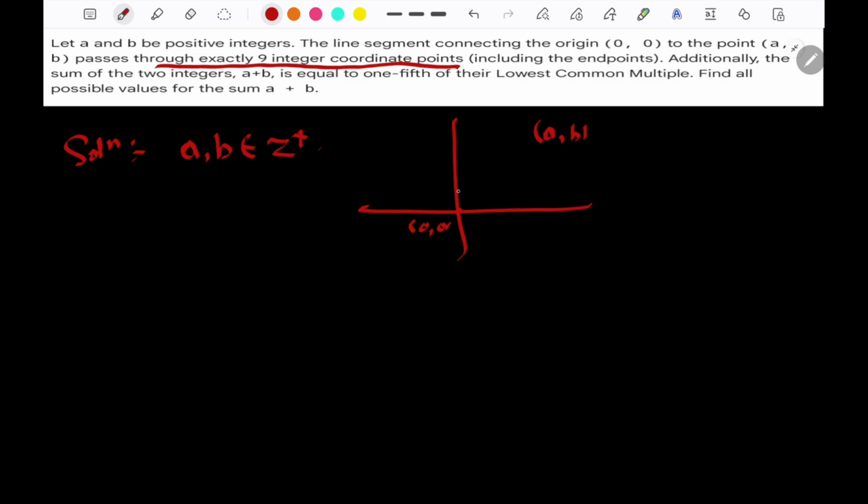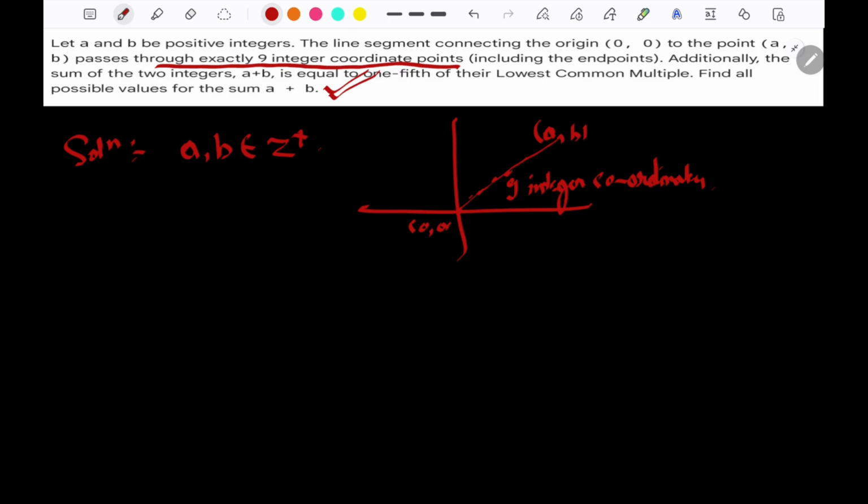Suppose there is a line segment that joins these 2 points. Now it passes through 9 integral coordinates. Additionally, the sum of the two integers a plus b is equal to 1/5 of their lowest common multiple. Find all possible values for the sum a plus b.